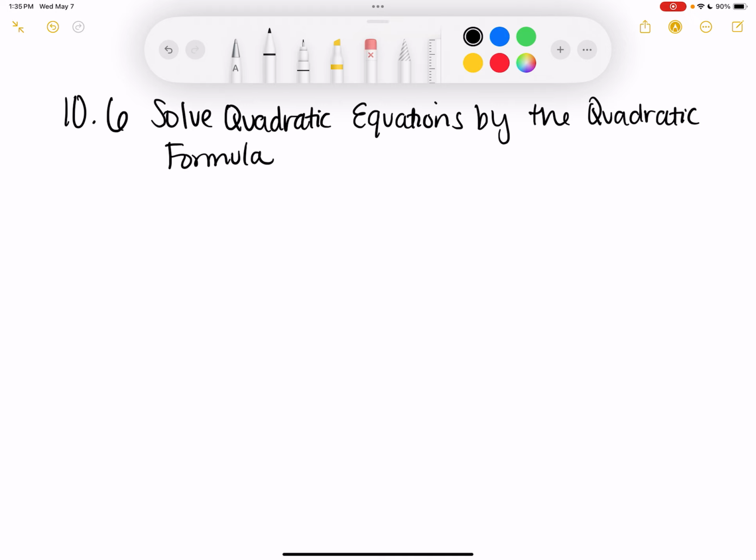So anyways, the quadratic formula: not hard, just a formula you have to memorize.